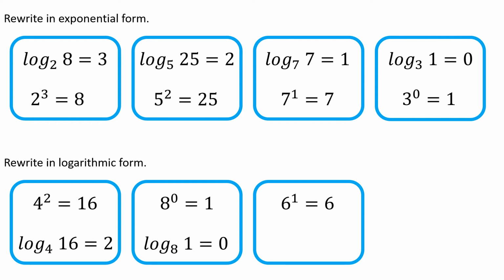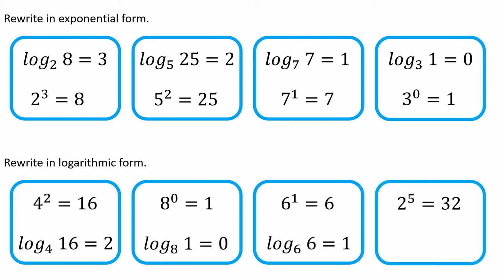So here's a cool example. 6 to the first power equals 6. So the base is 6. I need log base 6. The value looks like 6. I need log base 6 of 6. Exponent is 1. Log base 6 of 6 equals 1. Looks like there's room for one more example. 2 to the fifth power equals 32.